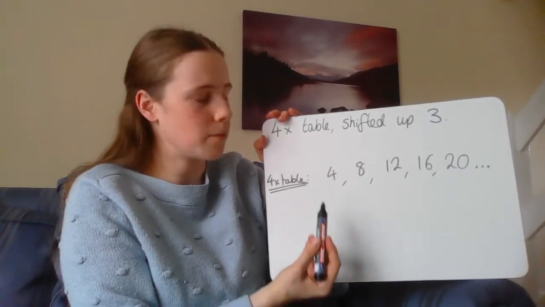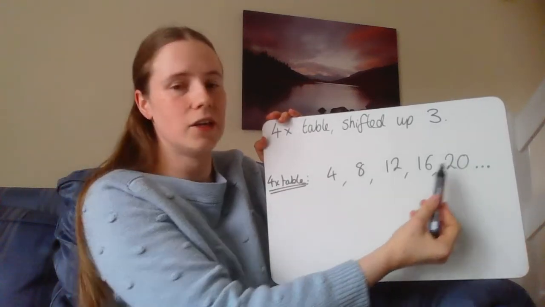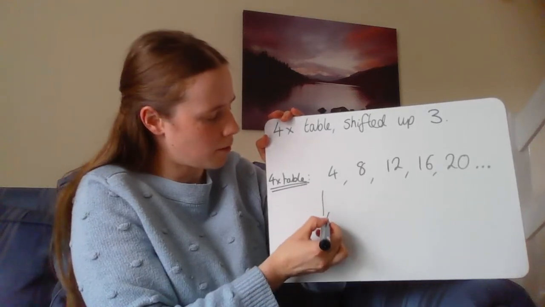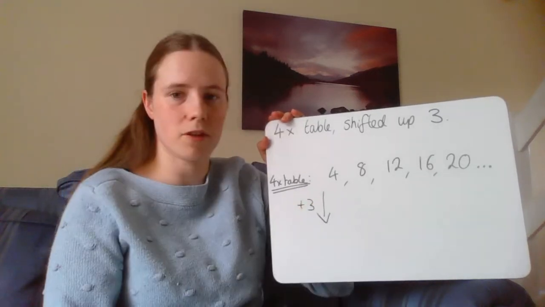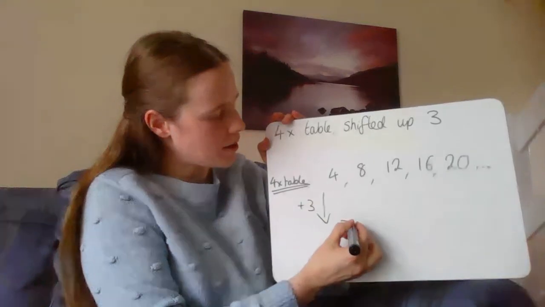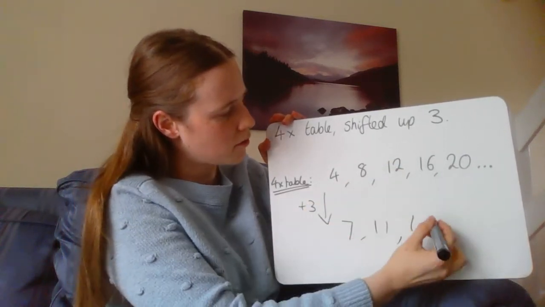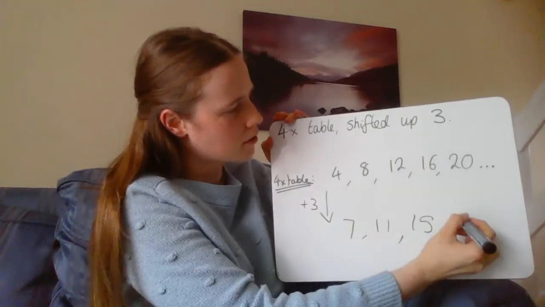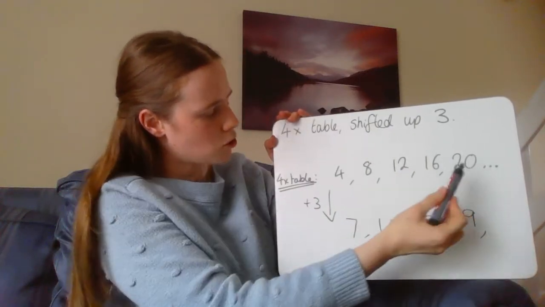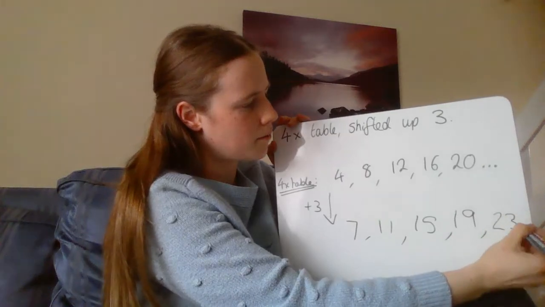What I'm now going to do is shift each of these values up by 3. So I'm going to add 3 to each of those values. 4 plus 3 is 7, 8 plus 3 is 11, 12 plus 3 is 15, 16 plus 3 is 19, and 20 plus 3 is 23.